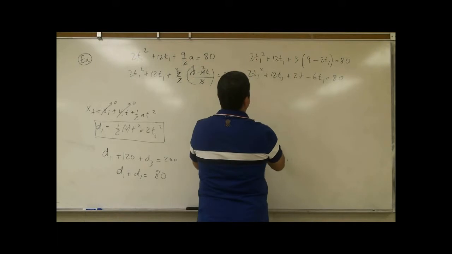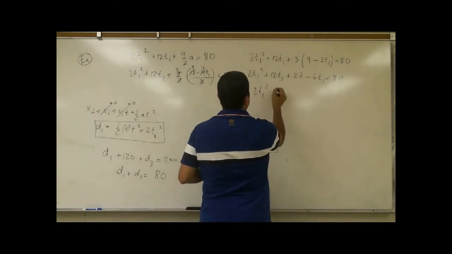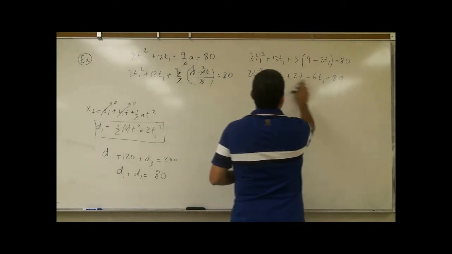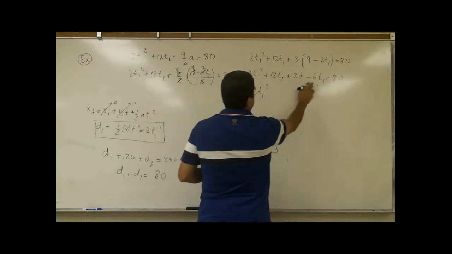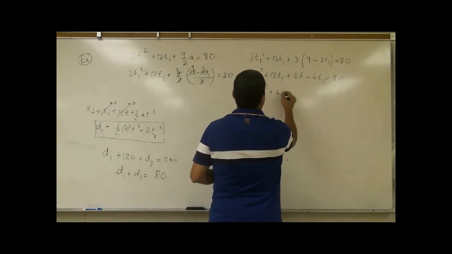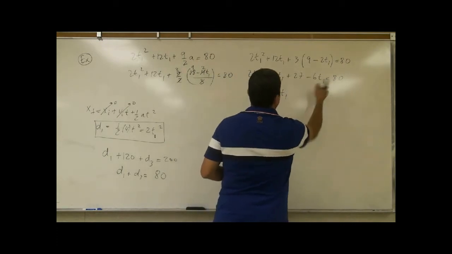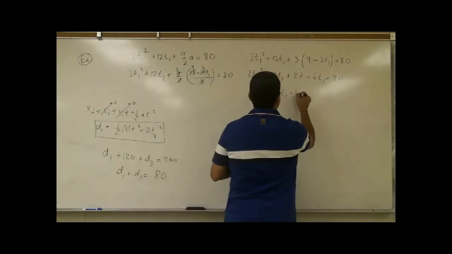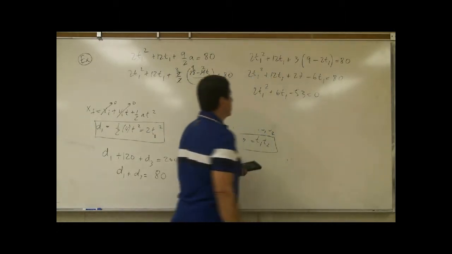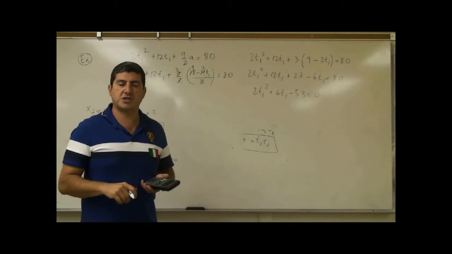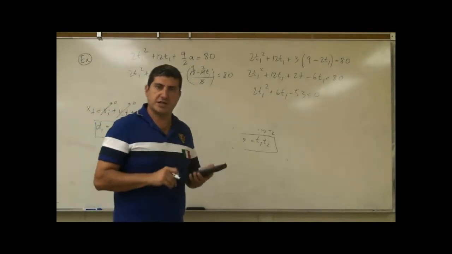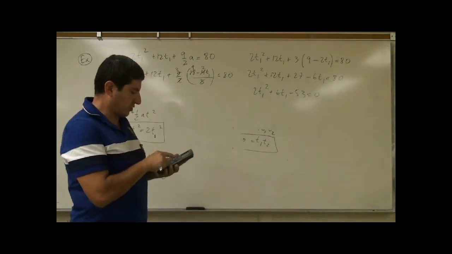And we have here 2T1 squared, 12T1 minus 6T1. That's going to be 6T1. And then 27 minus 80. Okay? So now let's put this into the TI and we can just solve it as a quadratic equation.